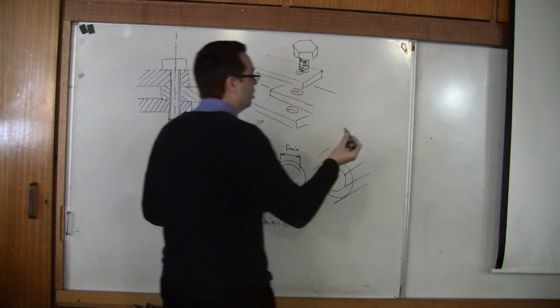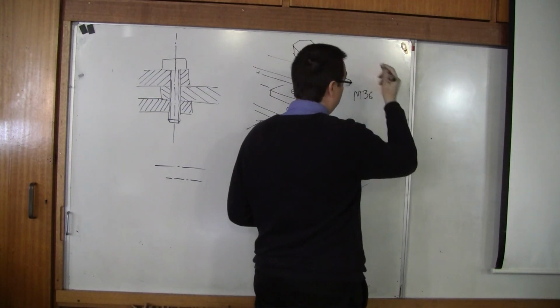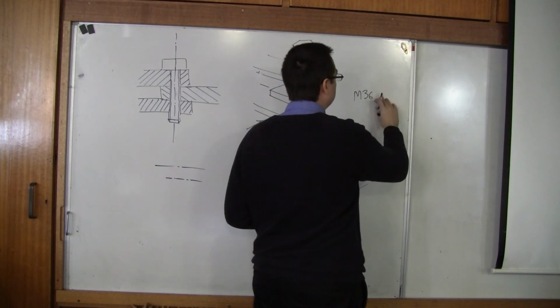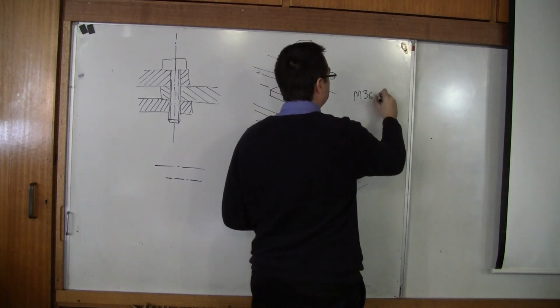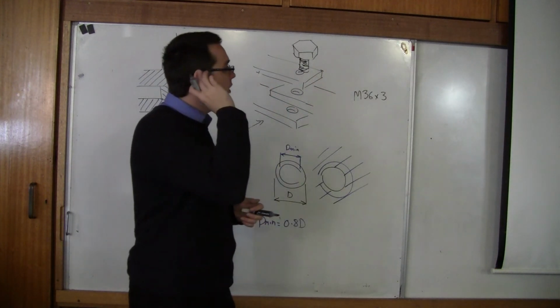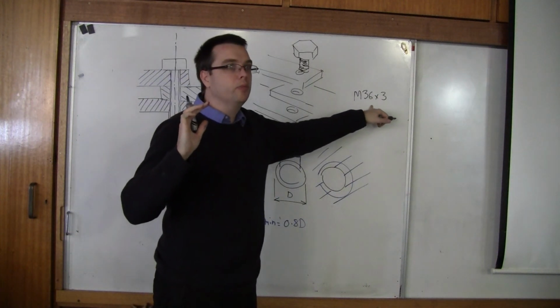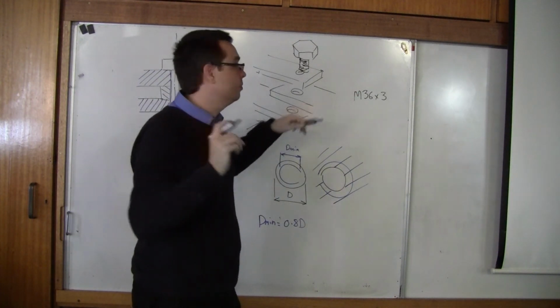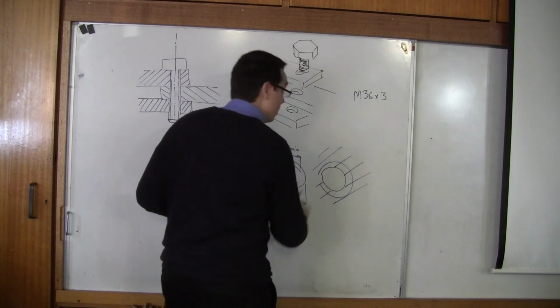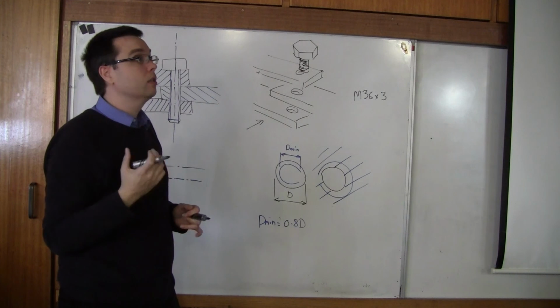So let's say they told you the pitch and they said it's an M36 fine, so we're going to say 3 times 3. In this case here, if we did this question originally, what's 80% of that? 80% of 360, divided by 7.2.